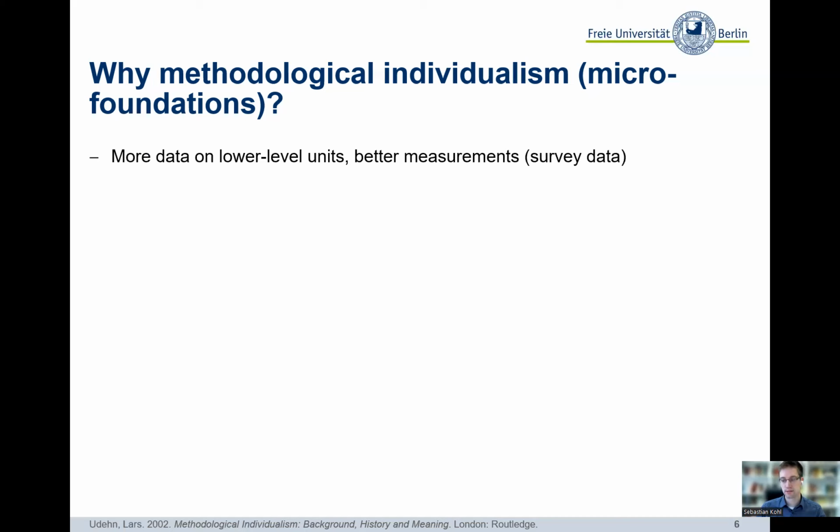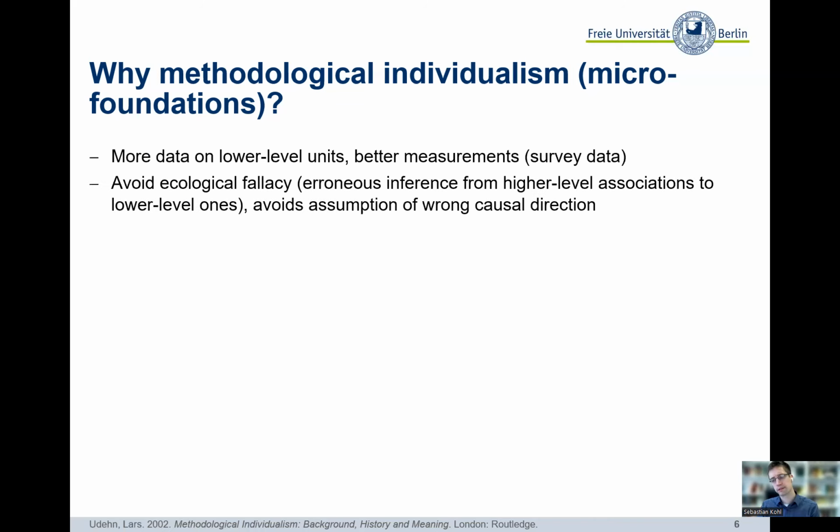So whenever it's possible, it's better to go on a lower level because measurement is easier. And this is particularly important to circumvent a problem that you may already know as ecological fallacy, that is an erroneous inference from higher level associations to lower level ones.